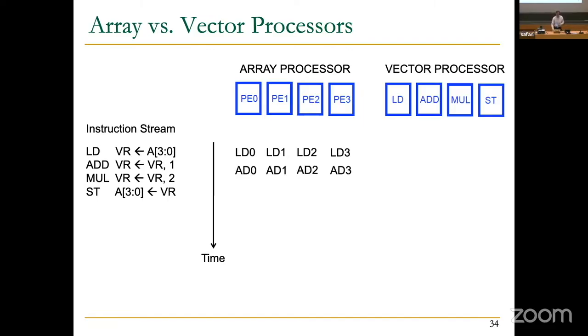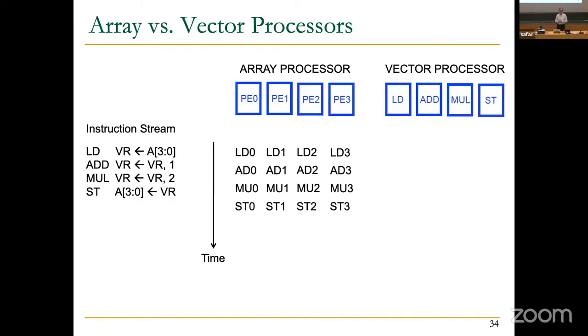And then we take element 0 and increment it by 1 in this processing element, element 1 and increment it by 1 in this processing element, and element 2 and element 3 concurrently again. And then multiply each element by 2 concurrently in different processing elements. And then do the store of the resulting values concurrently to different, consecutive locations in memory.